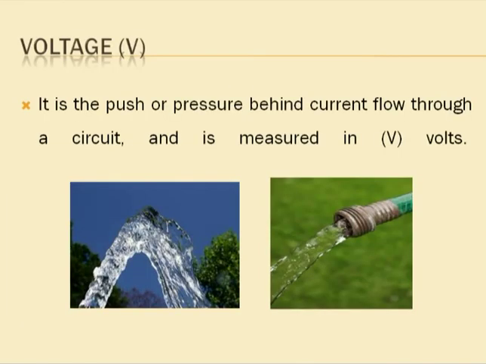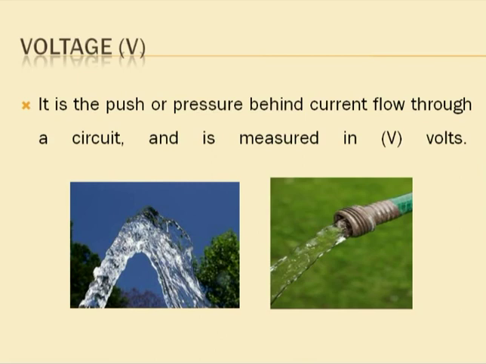Now, what is voltage? As discussed in the previous lecture, voltage is the push or pressure behind current flow through a circuit and is measured in volts. Here in the figure, the analogy between voltage and flow is given.